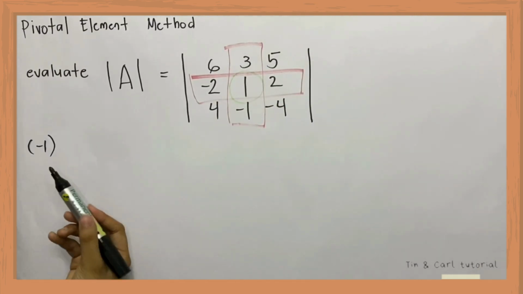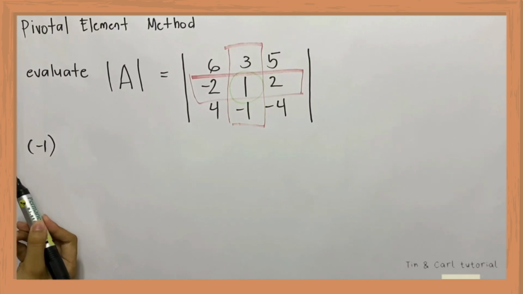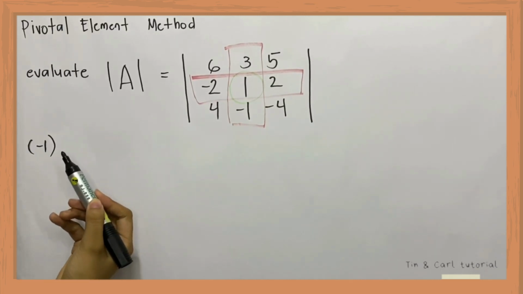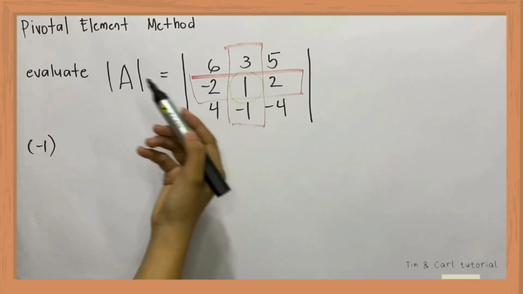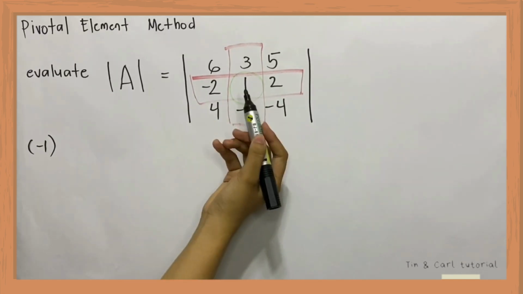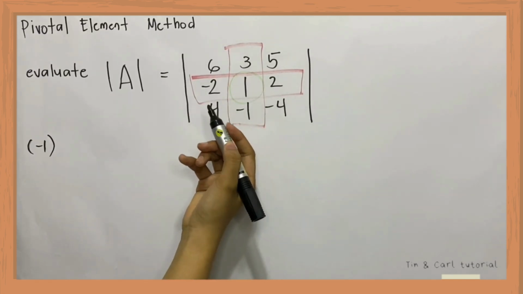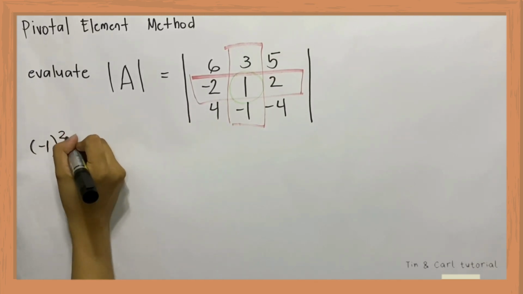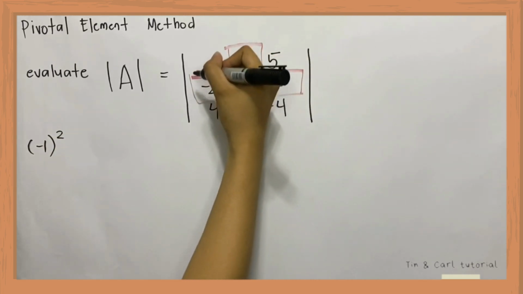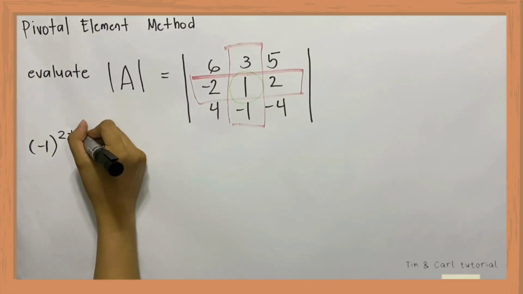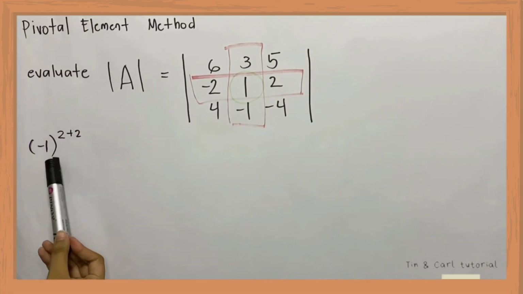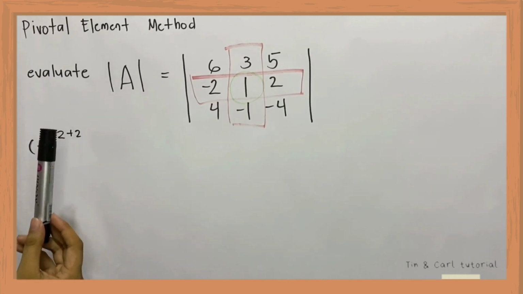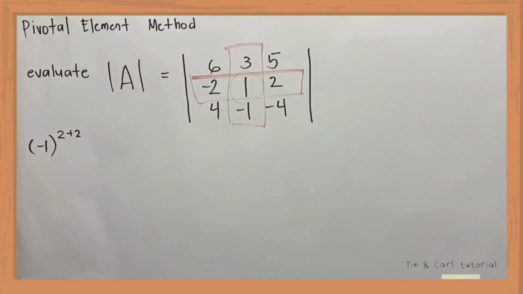The solution would be negative 1 raised to the sum of the position of the pivotal element.